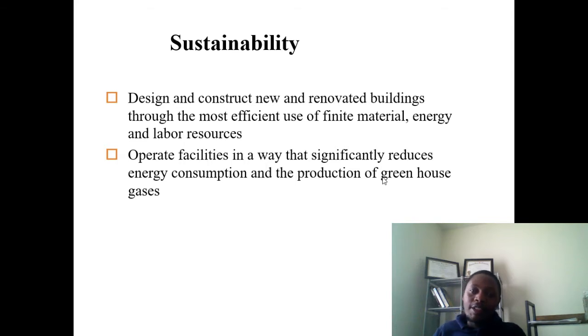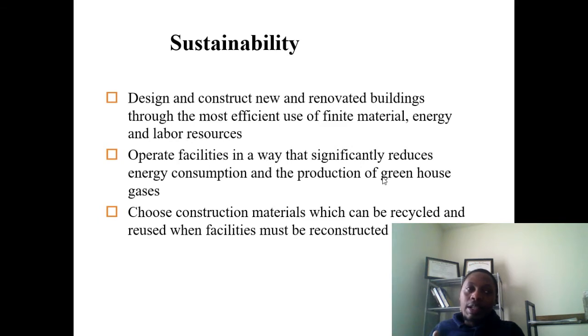We have areas where we can have a sign where we need to dump our waste, which can be recycled. And if you have things that cannot be recycled, do you want to mix them? Okay, so that goes again into the operation of our facilities in a way that is more sustainable.